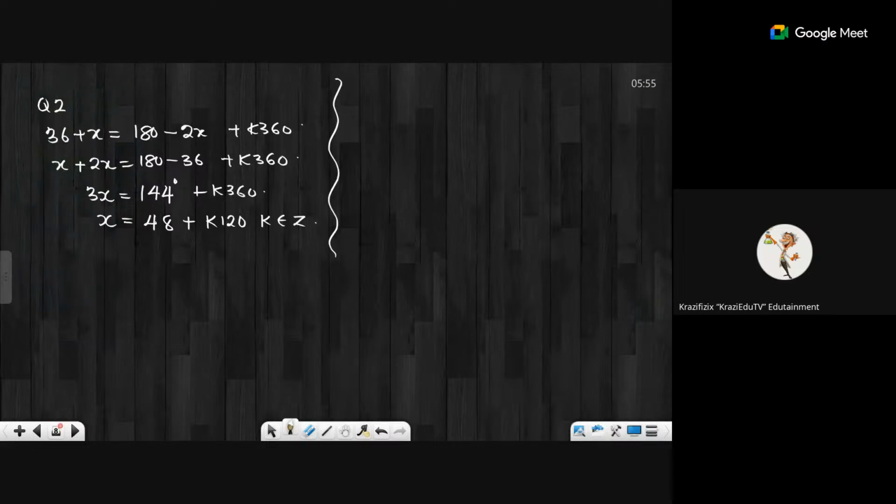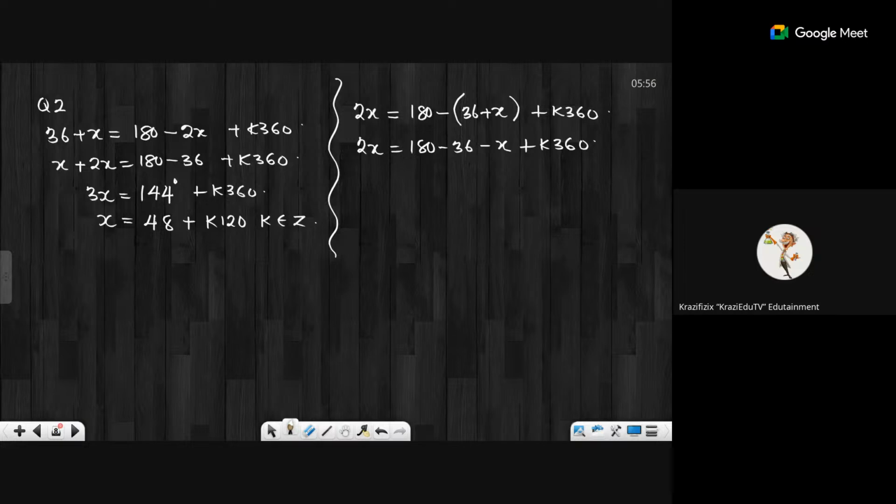The other way around: if 36 plus x becomes my reference. So I'm sorry, 2x is equal to 180 minus, please bracket, 36 plus x. I am now using that as my reference angle. 2x equals 180 minus 36 minus x, plus k times 360.